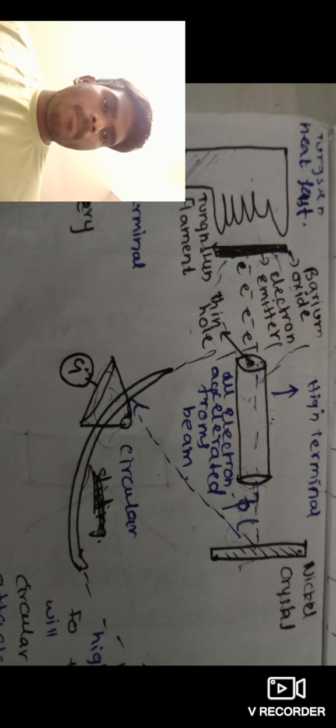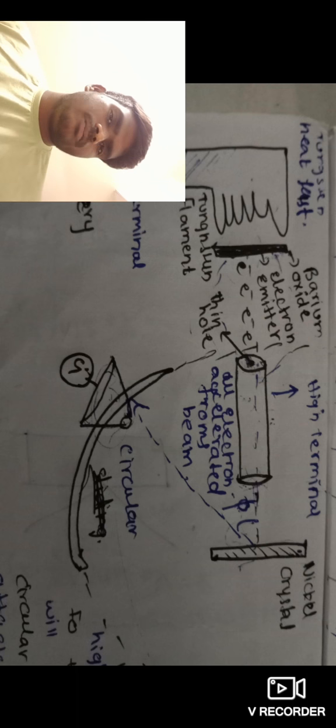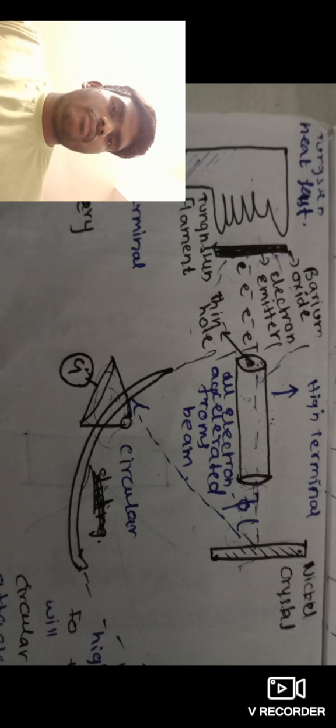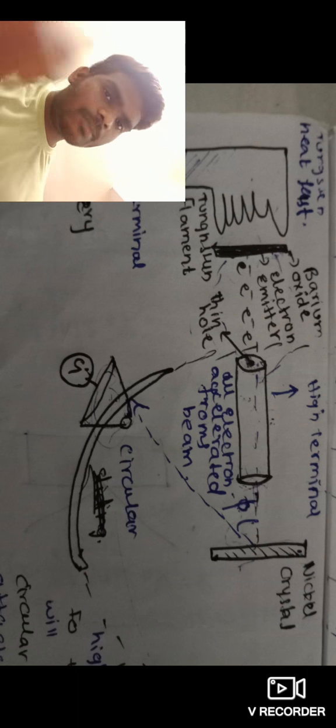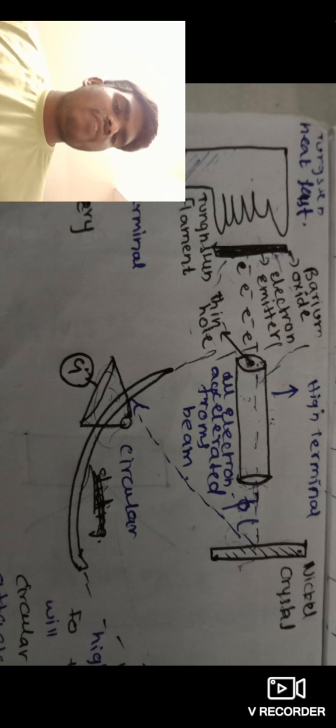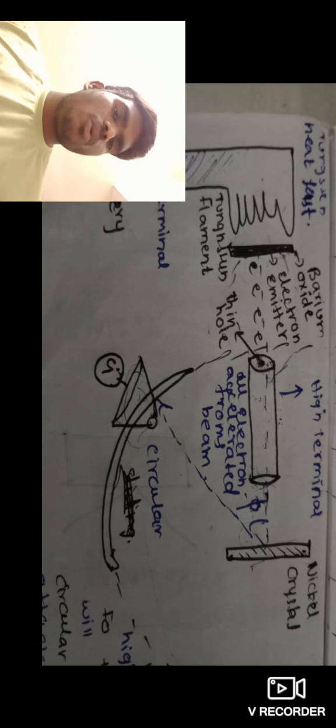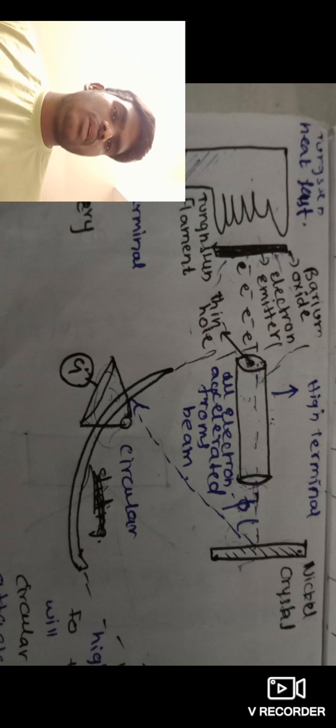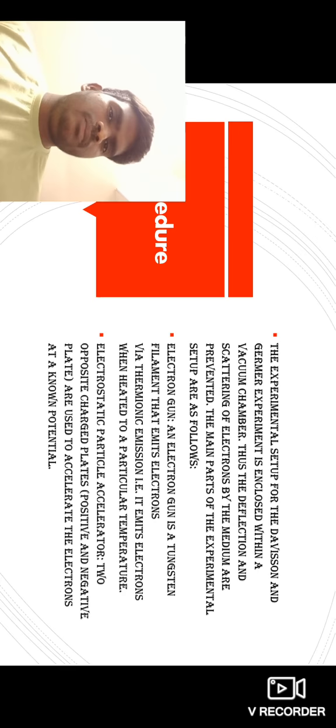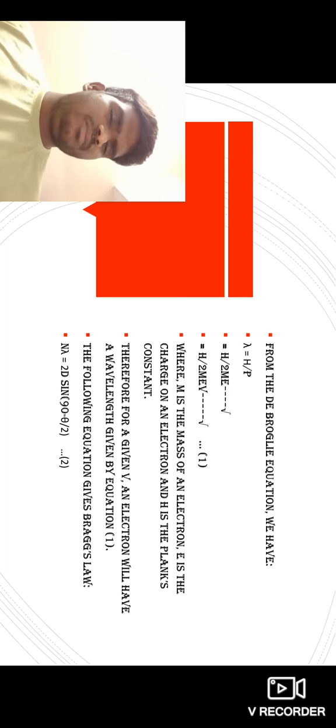We put a nickel crystal where electrons go and are emitted backward, and at some angle the galvanometer shows the deflections. So this is the setup and the procedure I just explained. If you read this, you can understand more.